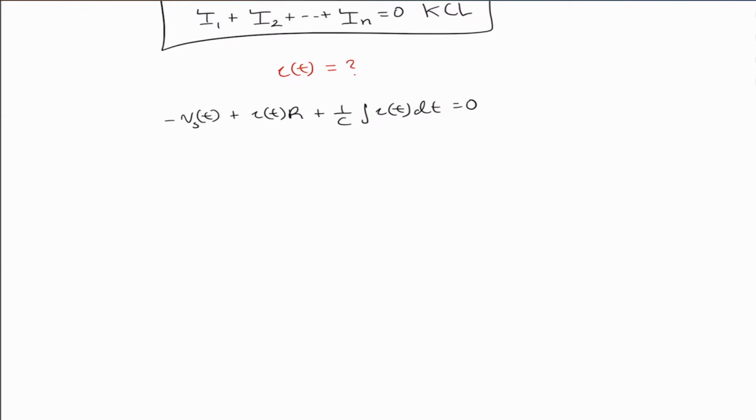So if we were to solve this in the time domain, this would be a lot harder.